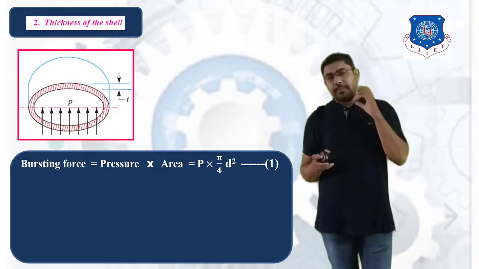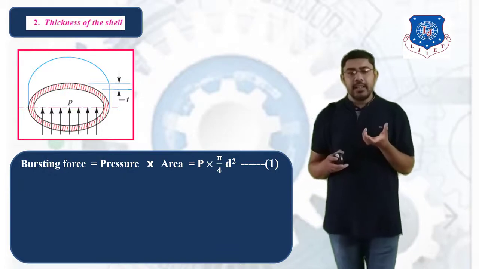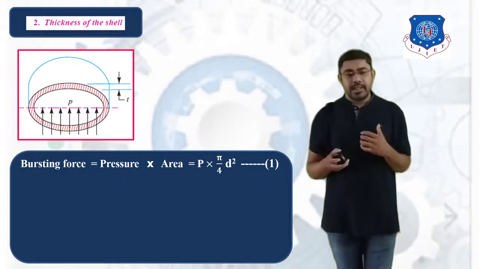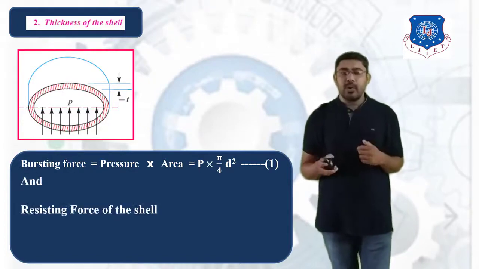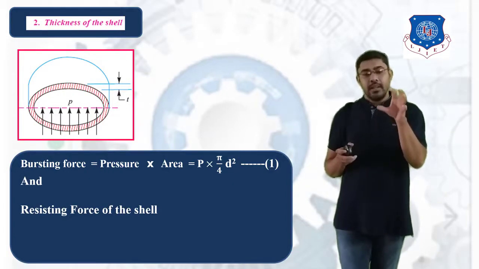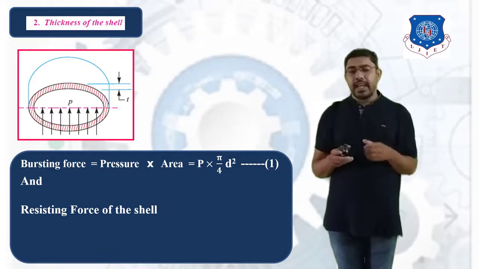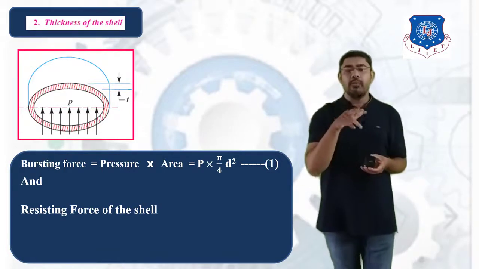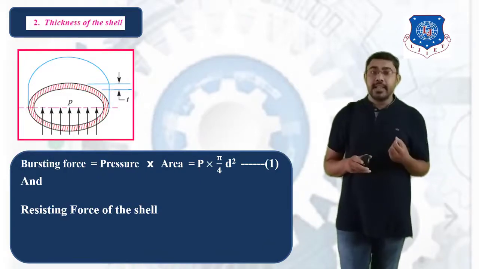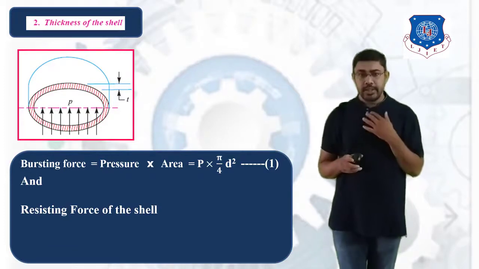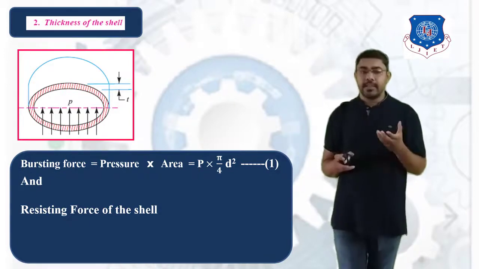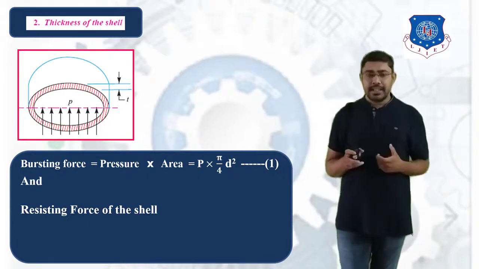Now, as the pressure is applied on the spherical shell, a resisting force is generated in the opposite direction. The resisting area in this spherical shell is shown by the hatch. We calculate the resisting force when we apply pressure P on the spherical shell.